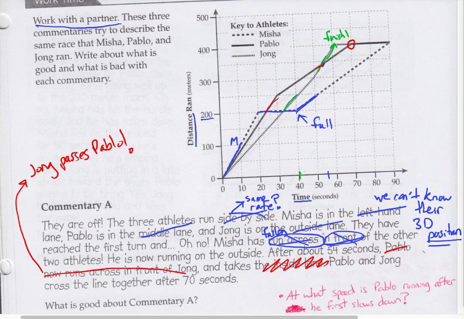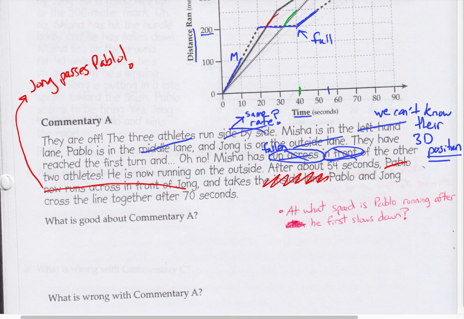And then over here at 70, that's when the second place person comes in. And then way over here, much further along, that's when Misha finally finishes the race, after not recovering from that disastrous fall early on.